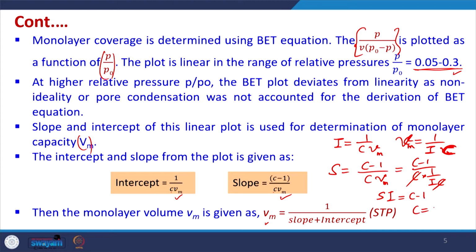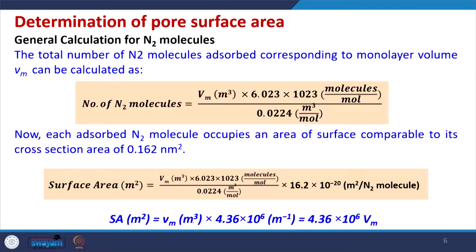So, C is equal to 1 plus S I. This is the expression, and if we substitute it here and solve it, we will get the equation that Vm is equal to 1 upon slope plus intercept at STP values. So, we can find out the Vm value, the monolayer volume. This expression can be used for finding out the pore surface area.